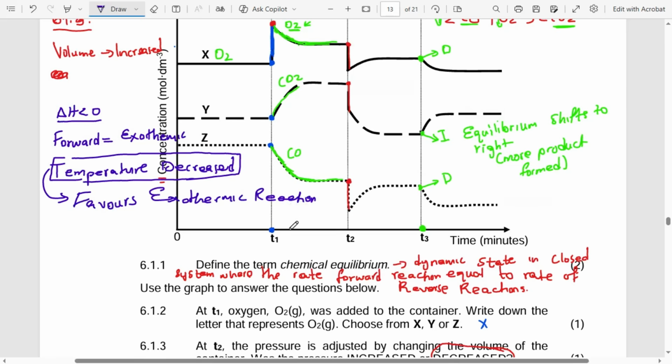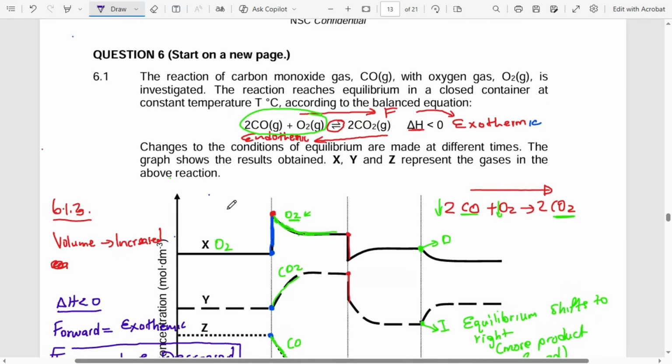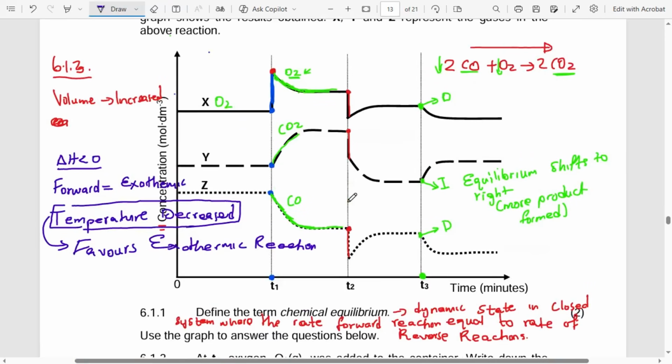The forward reaction will be favored if we decrease temperature. So look at this. At T3, we are creating more products, meaning the forward reaction is favored, which is exothermic. Exothermic goes with a decrease in temperature. So more products are formed, the forward reaction is favored.